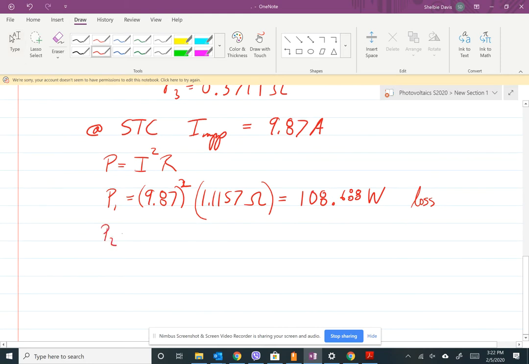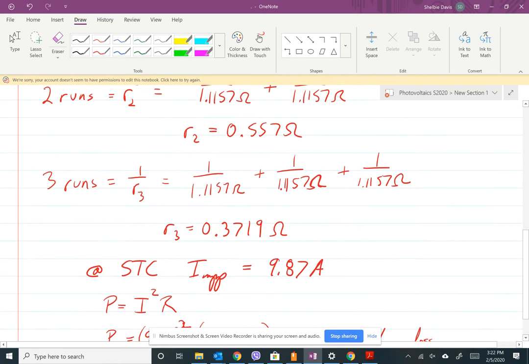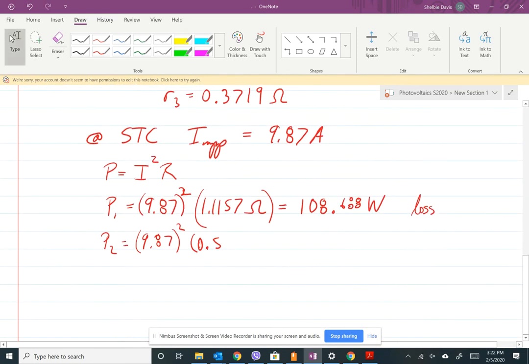So P2 would be exactly the same, where you have 9.87 squared times that 0.557 ohms, which is going to be about half, 54.2612 watts.